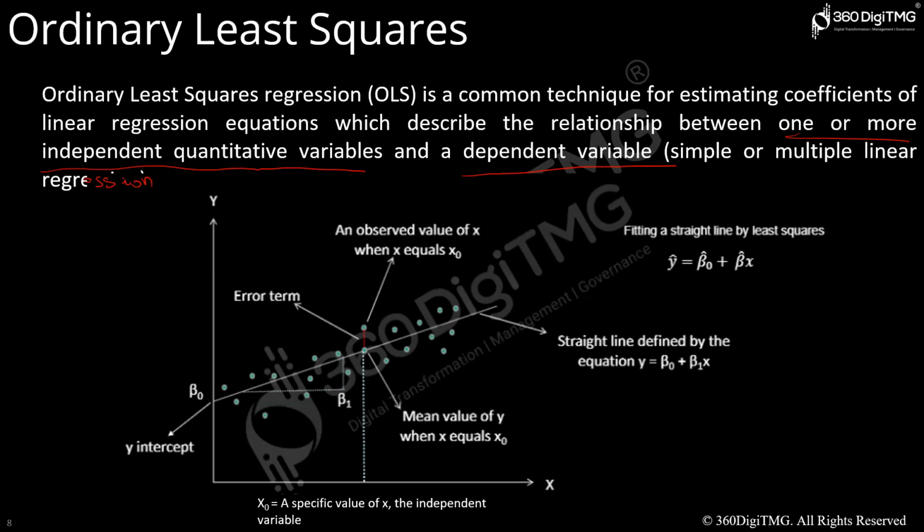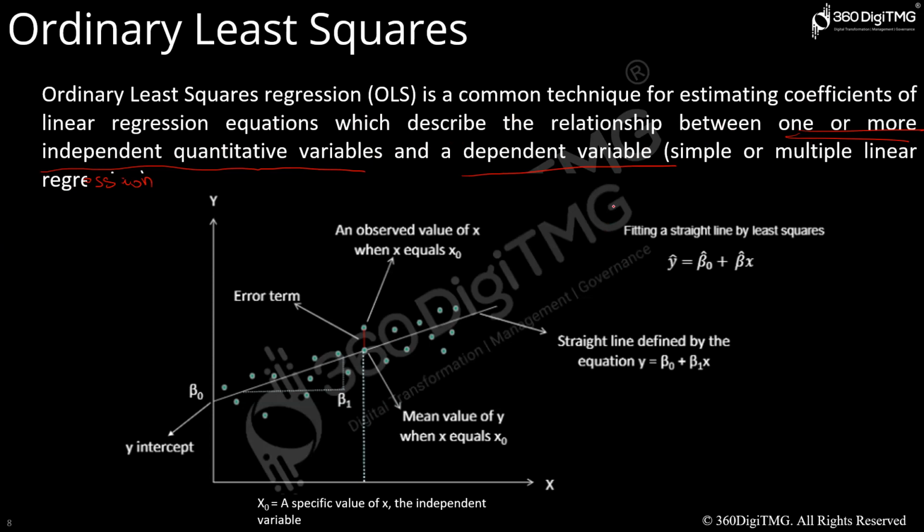So what is OLS? It is a common technique for estimating coefficients of linear regression equation, which describe the relationship between one or more independent quantitative variables and a dependent variable.